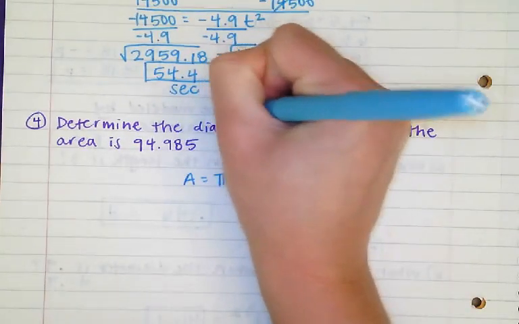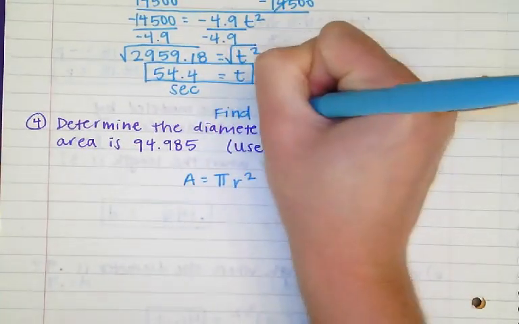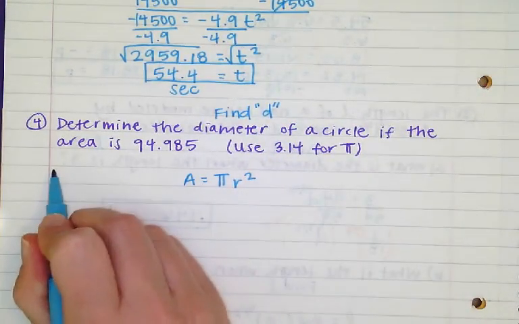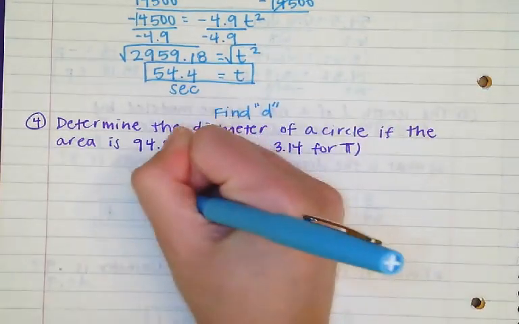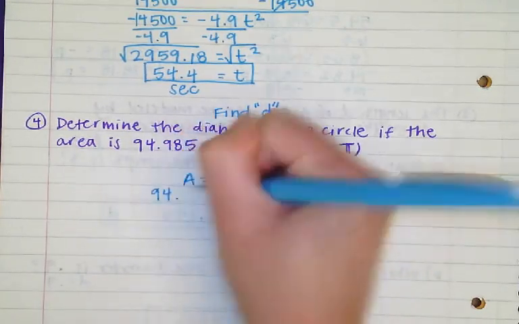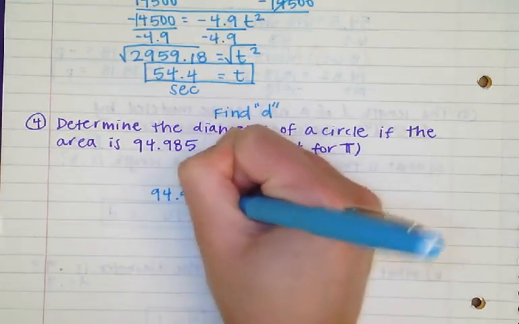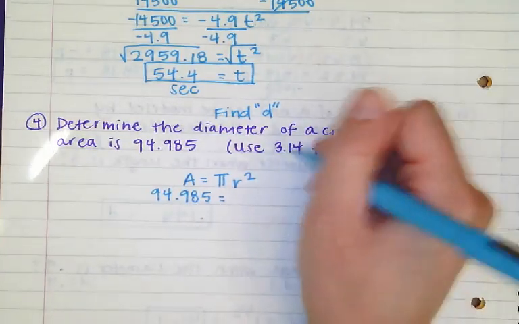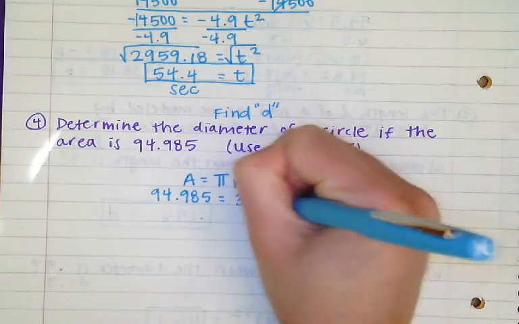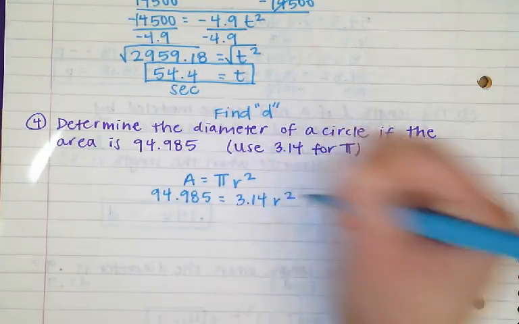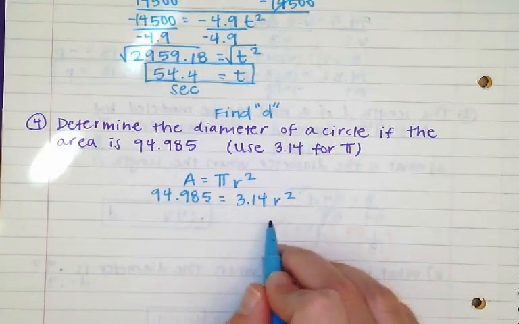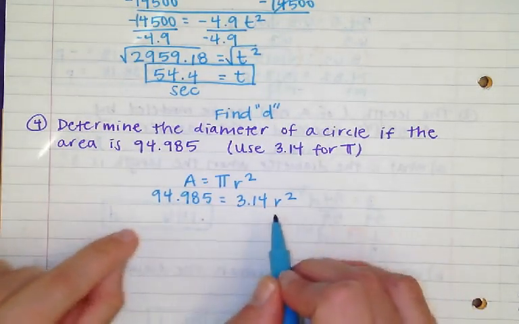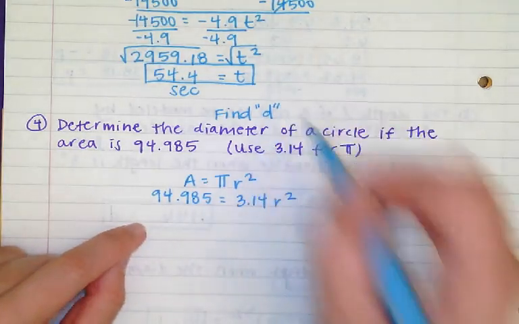All right, so our goal is to find the diameter. The area is given, so I'll go ahead and plug that in. And then it says, let's use 3.14 for pi. So notice once we solve this, which isn't that hard to do, we will find the radius. And we'll have to make sure at the end that we then use that to find the diameter.